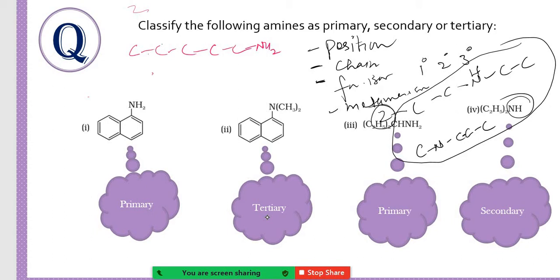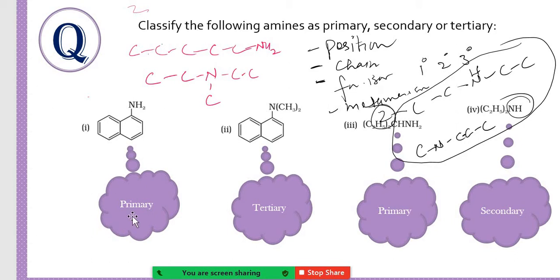So this compound, maybe I can take 2 carbons on this side and make this N-H, 1, 2, 3, 4, 5. So you can see now it was NH2, now it became NH. Or maybe I can remove this, and this is the second isomer, a secondary amine. I can make a tertiary one also.